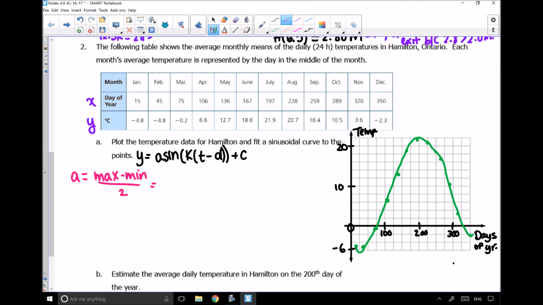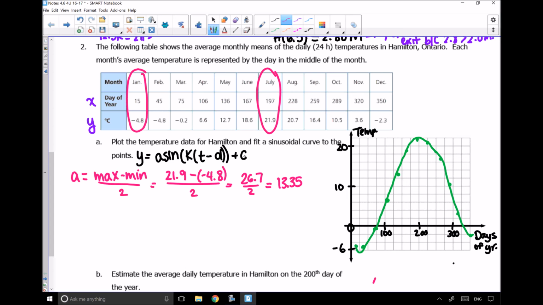We know our maximum occurs at 21.9, okay? And we know our minimum occurs at negative 4.8. So 21.9 minus negative 4.8, divide that by 2. Remember, this minus a negative turns into a positive, so I get 26.7 divided by 2, which is 13.35.